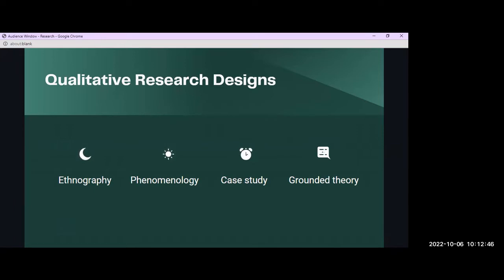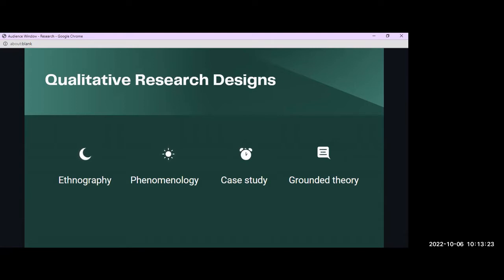The next is the qualitative case study. It will help you explore a phenomenon, a unique phenomenon that is experienced by fewer individuals. So, sometimes kasi a phenomenon is not experienced by many individuals, but it can be a case of only one person or a case of only a few persons.